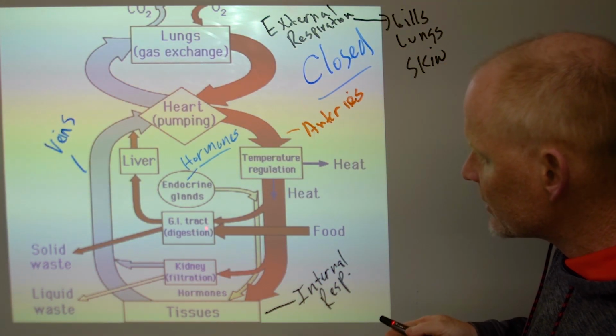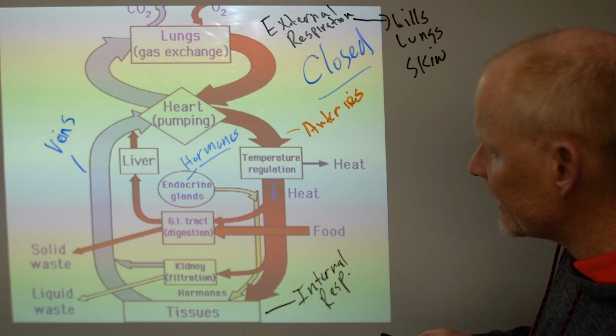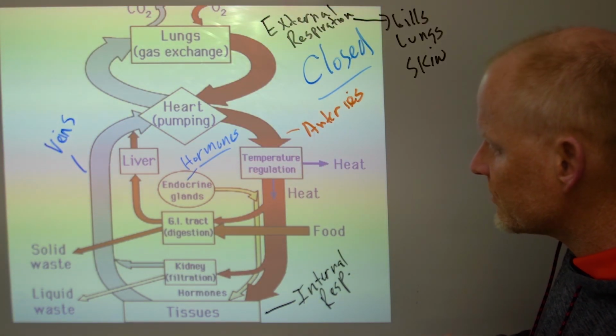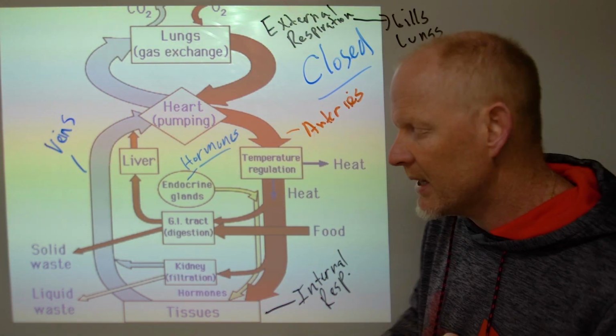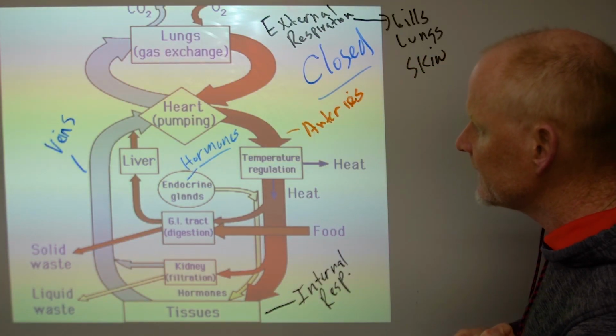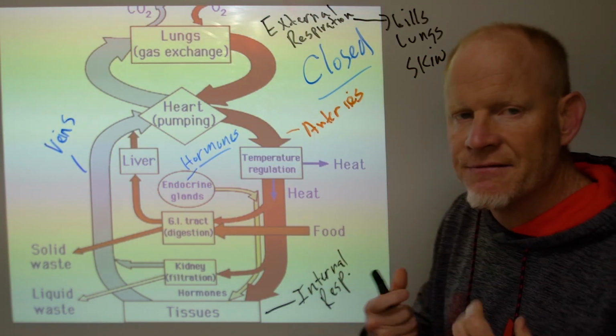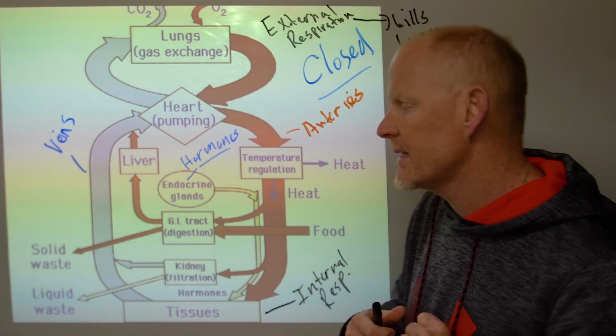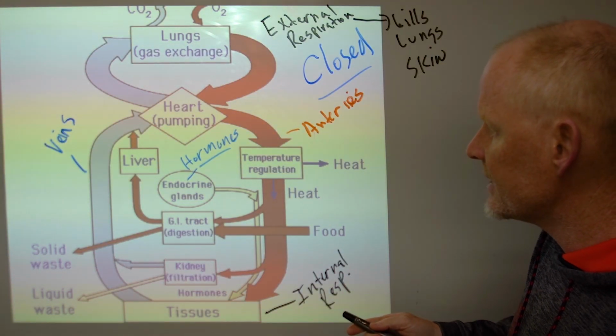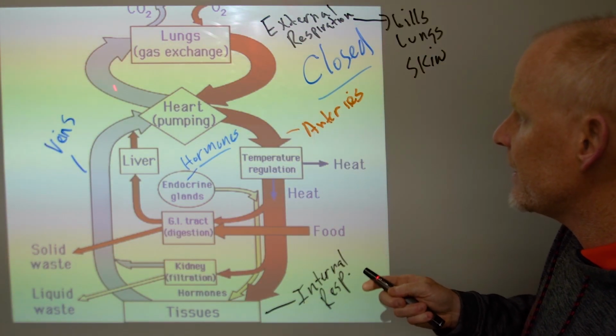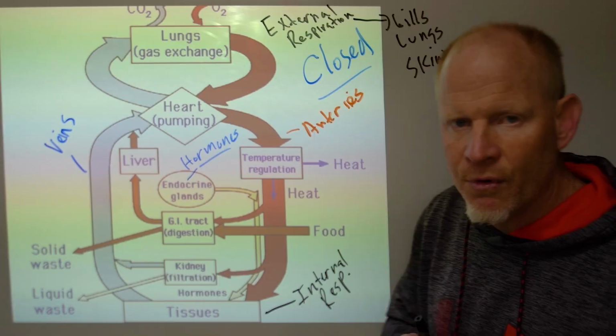We have the digestive tract where we pick up our nutrients and get rid of our solid waste. We have kidneys where we filter the blood and actually clean the blood, which we've already talked about. And we have the liver, which is a detoxifying organ and an organ that stores nutrients that is attached to the digestive tract. And we have the heart pumping things everywhere through the body.